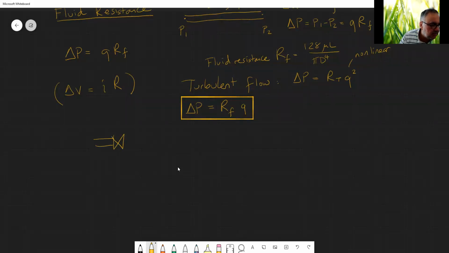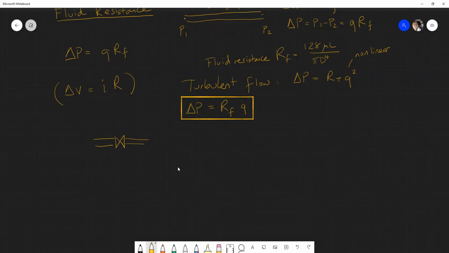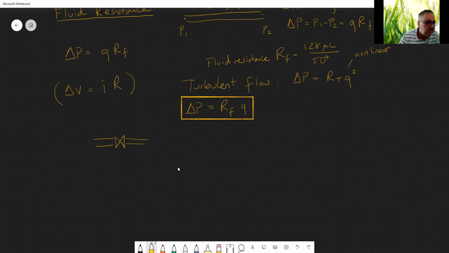The fluid resistance is shown by something like two triangles, which is a bit like a valve, okay? And we say P1 on this side, P2 on that side. There is flow, Q, and this is RF. And again, the relationship Q is equal to delta P over RF. Okay, fluid resistance.